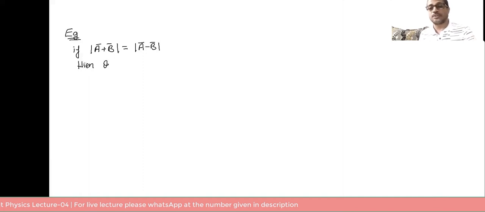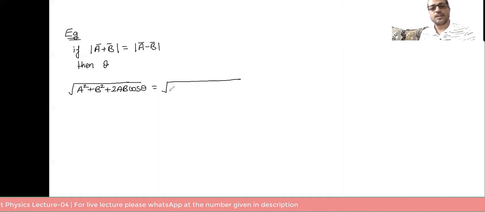In such cases, what you have to do is directly use the condition given. How do you find out the magnitude of the resultant of addition of two vectors? Root of a square plus b square plus 2ab cos theta. And how do you find out the magnitude of subtraction of two vectors?